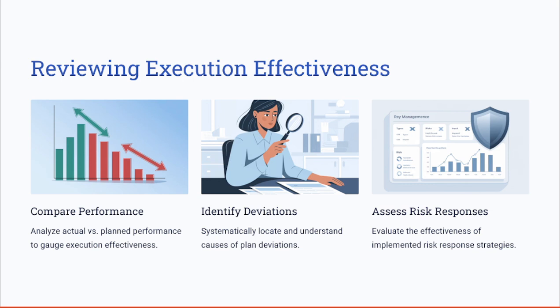Let's take an example here. Let's say a manufacturing project experienced machine downtime, which caused delay in production. Analysis revealed incorrect preventive maintenance planning, leading to a revised maintenance schedule in future projects.